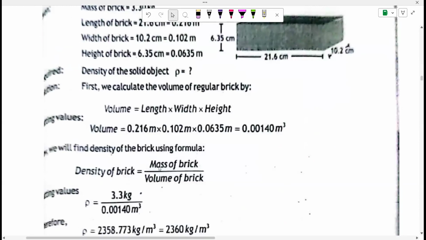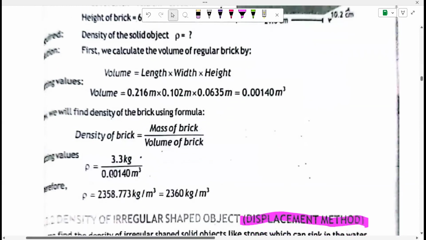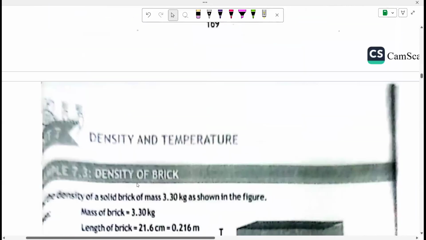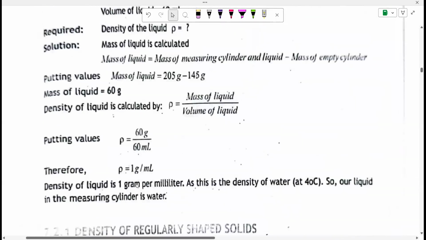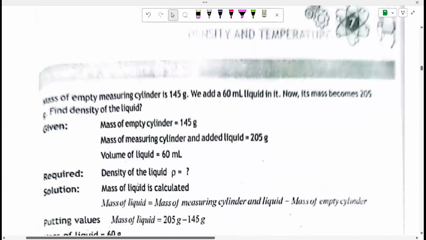The mass is given as 3.30. We'll divide the mass with the volume and we'll get the volume of a regular shaped object. And lastly, we were supposed to find out the volume of a liquid. The mass of the empty cylinder is given as 145 grams. After putting the liquid, the mass came out to be 205 grams. So what would be the mass of liquid?